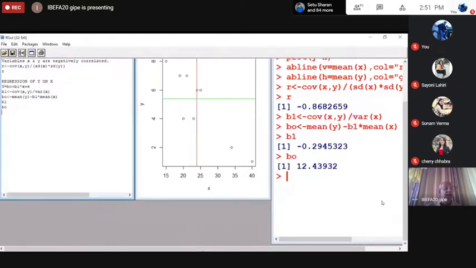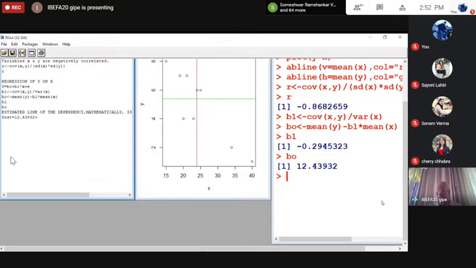So the estimated line of the dependency, mathematically, is: Y estimate is equal to B0 value 12.43932 plus its slope.